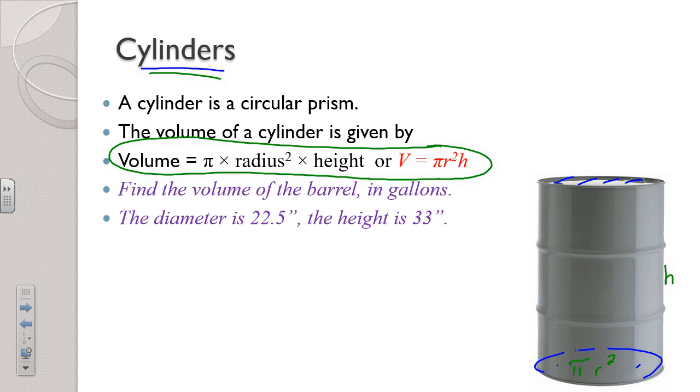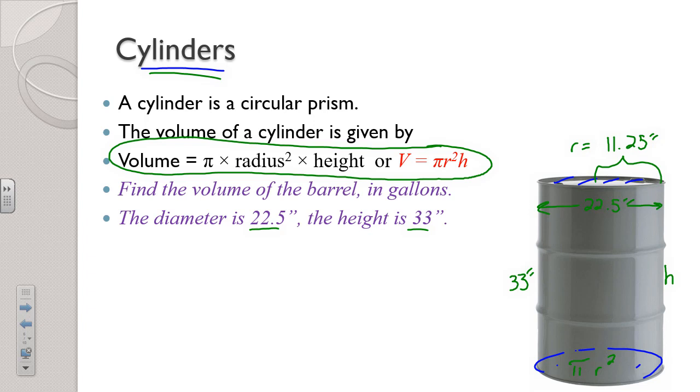The diameter is 22.5 and the height is 33 inches. Okay, well we need to know the radius of this, and so if the diameter is 22.5 inches, then the radius is half of that, or 11.25 inches.